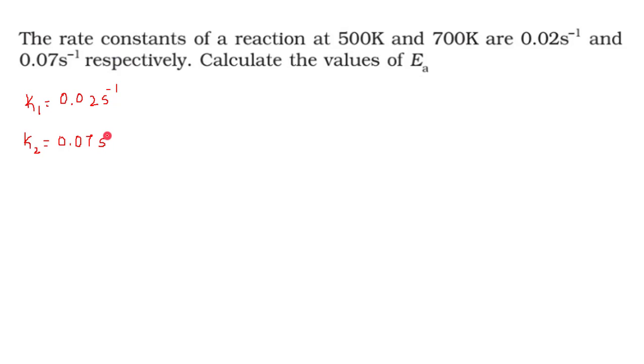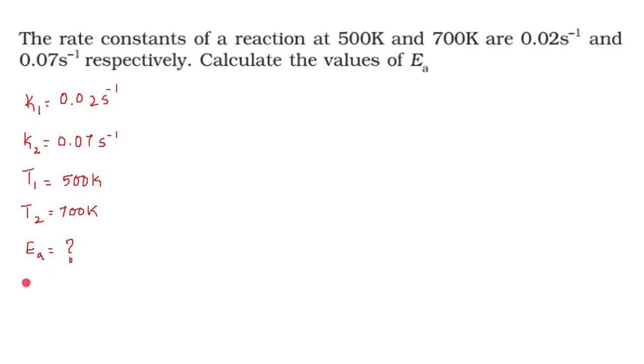0.07 per second. What is the temperature given at T1? Capital T, because the Kelvin scale temperature is given directly. T1 is equal to 500 Kelvin and T2 is given 700 Kelvin. And you are asked to calculate activation energy EA.